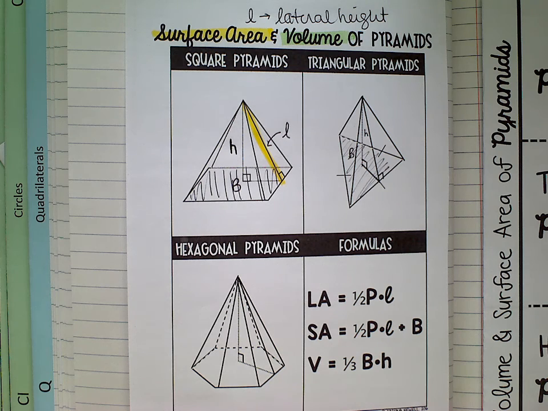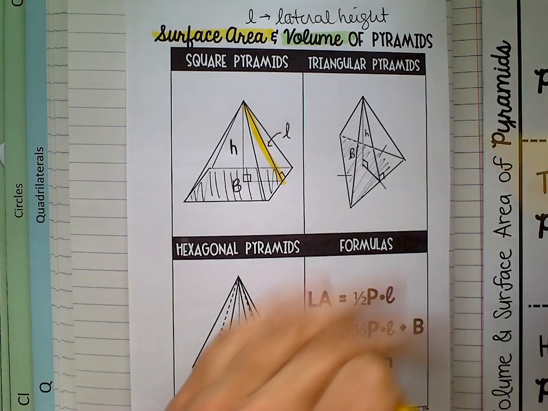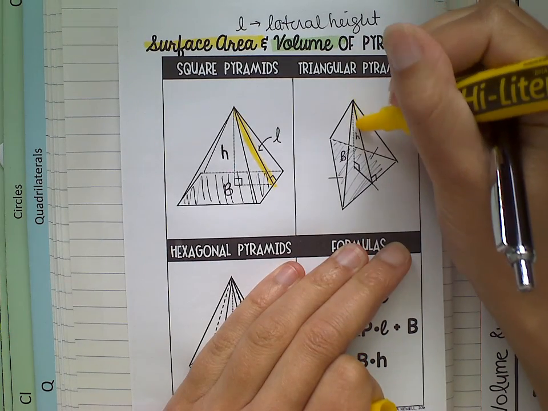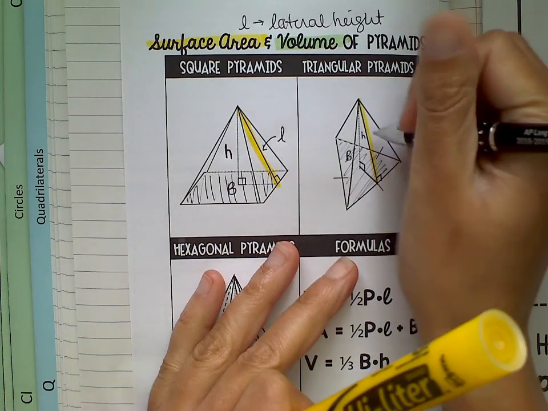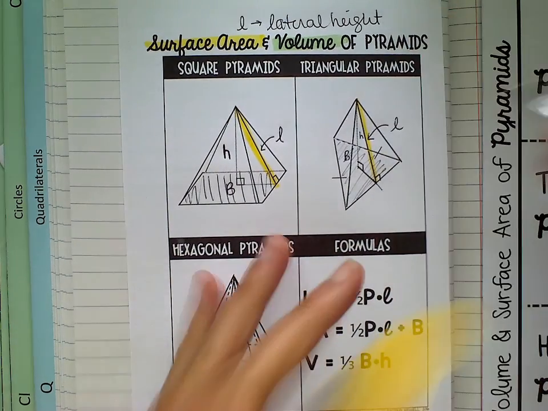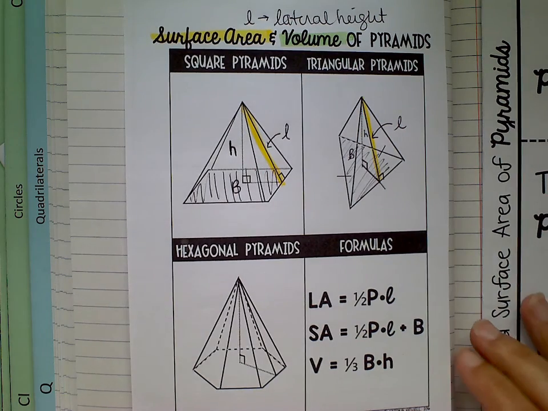It's not really an edge or anything, but it's important for some things. And then again, going along that lateral face right here, your lateral height, which is also important. So we have to juggle two heights with pyramids, which makes them a little bit trickier.